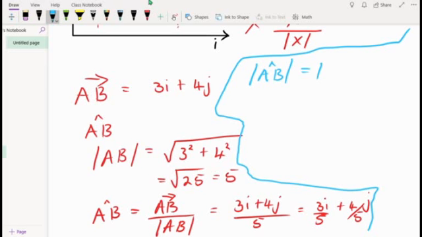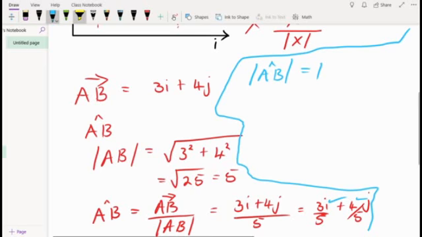And that is why it is called a unit vector, because it is the smallest unit. When you divide both the i direction and the j direction into their simplest form, this simply means the smallest unit in the i direction is 3 over 5, and the smallest unit in the j direction is 4 over 5. So the magnitude of a unit vector is equal to 1.